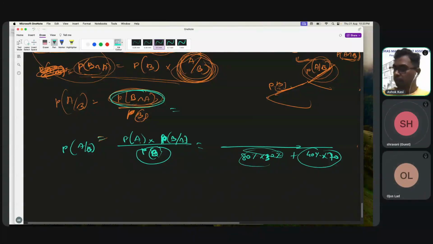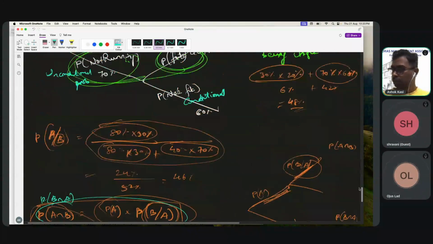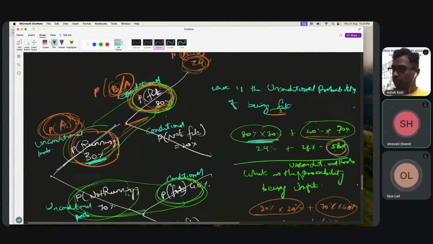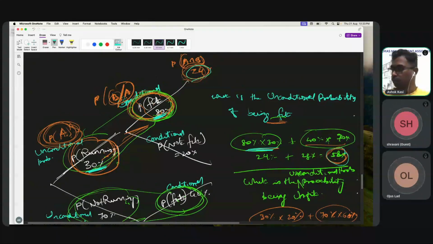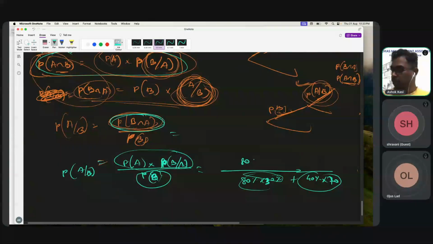Numerator is a joint probability, the joint probability of A and then the second one. So probability of A is 30% and the second one is 80%. So total is 24%, which I can write as 30 into 80. So the 30 into 80 is this one.